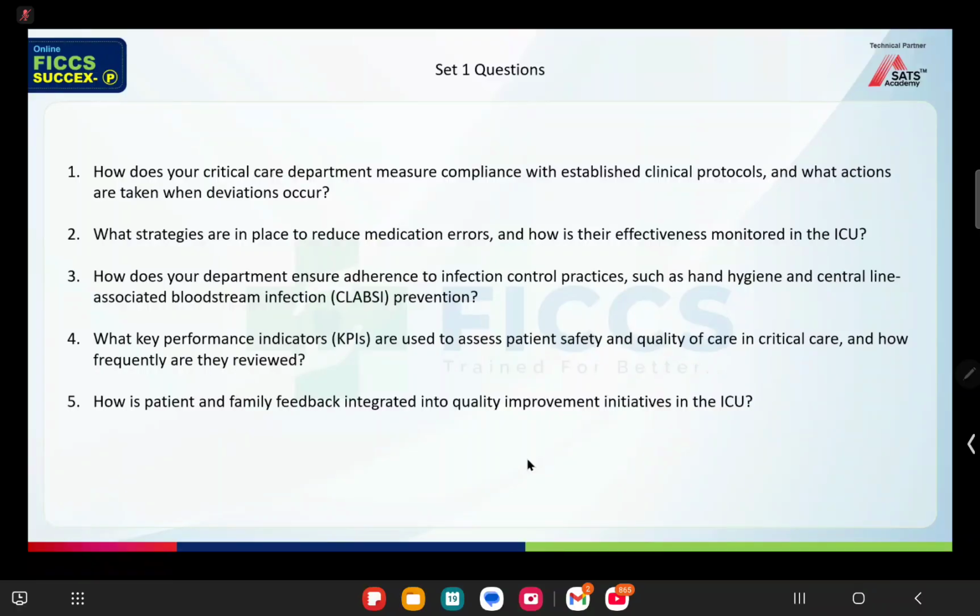How does your department ensure adherence to infection control practices such as hand hygiene and CLABSI prevention? Ma'am, for hand hygiene, the number of times hand washing has been done is filled per day, per 24 hours.